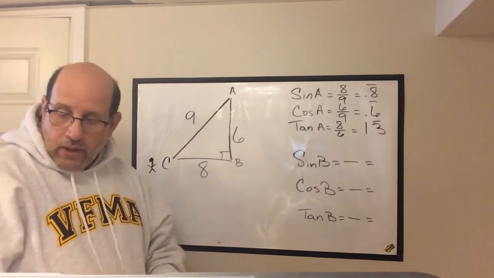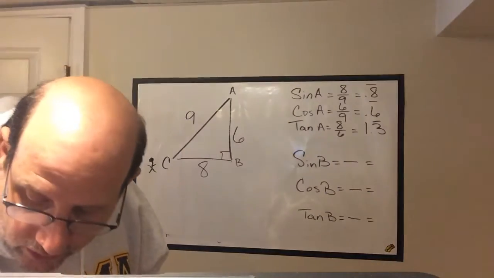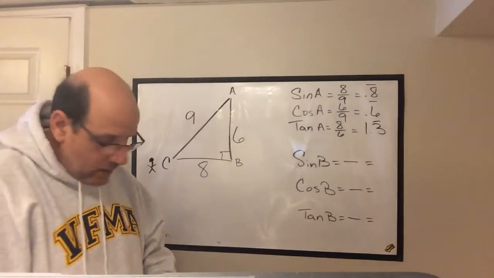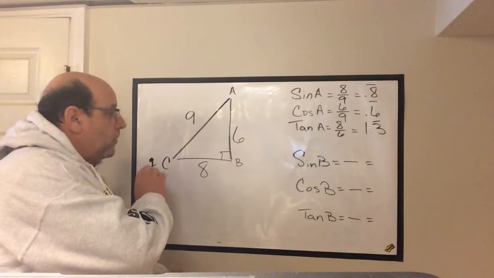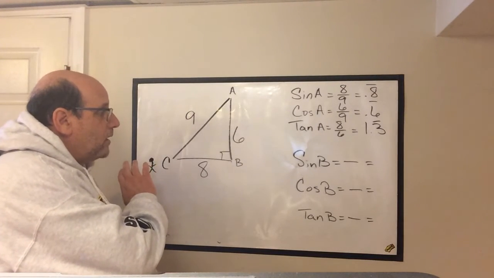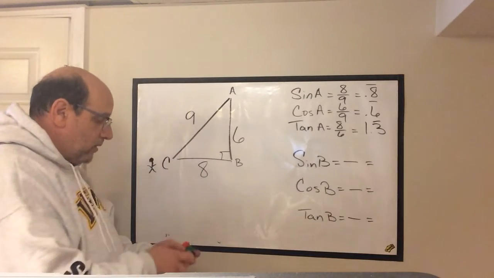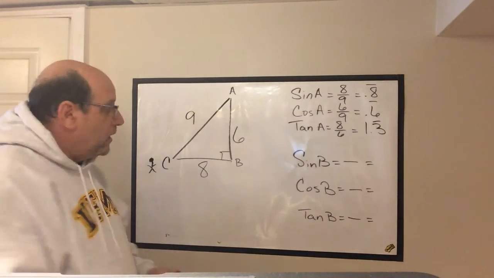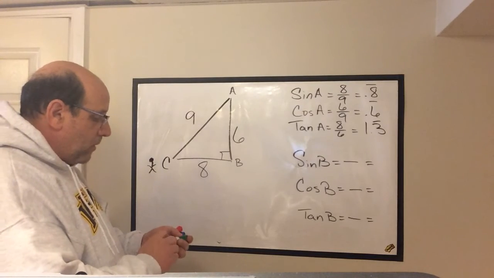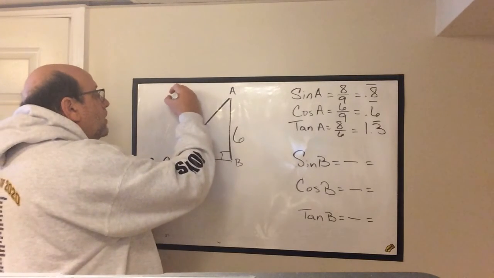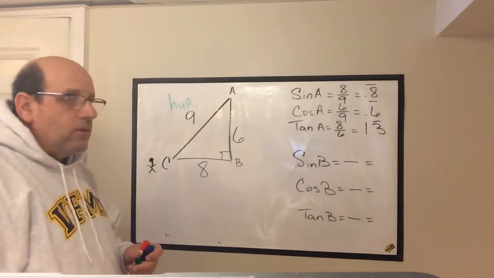And so I want to label them first, all right? I think I'm going to use 3 colors this time just for fun, just to make it a little bit easier. When we want to find the opposite side or the adjacent side or the hypotenuse, the first thing we always do is look at the side across from the right angle and automatically label that one the hypotenuse. So I'm going to abbreviate it.